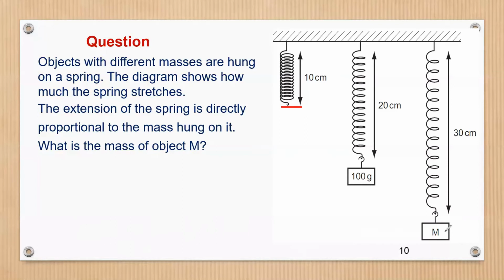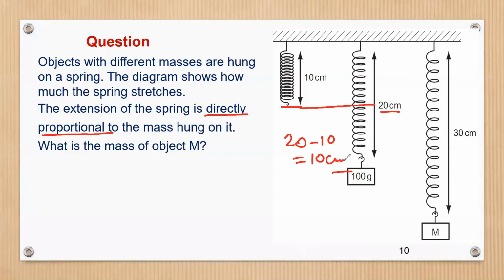As they say, it is directly proportional, so we can use a directly proportional method to calculate. What is the extension in this case? The stretched spring length after adding 100 grams is 20 centimeters. So the extension will be 20 minus 10, that equals 10 centimeters.